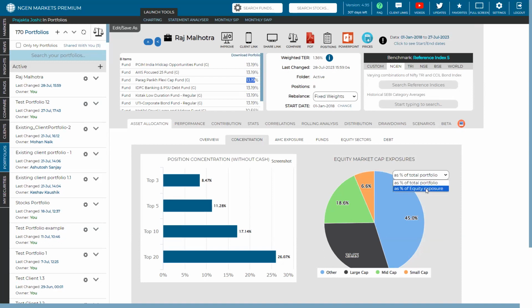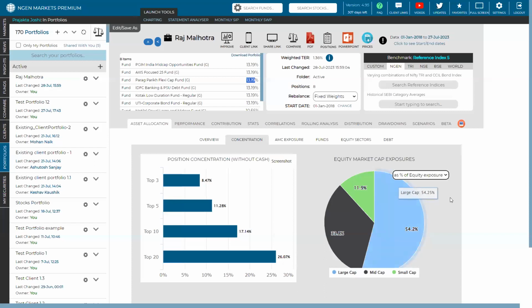If we have to look at the split between large, mid, and small, just use this drop down and choose percentage of equity exposure. We will see that in this client portfolio, 54% is coming from large cap, 33% from mid cap, and 11% from small cap. That is a split analysis that you can do with the concentration analysis.